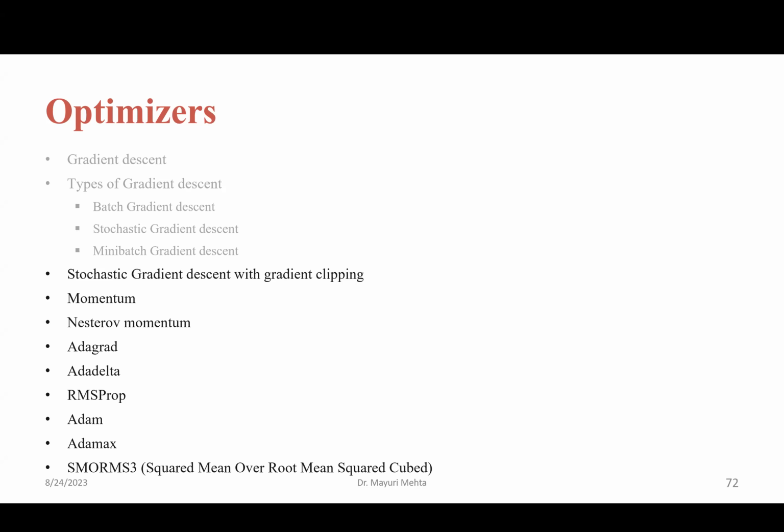AdaMax is a variant of the Adam optimization algorithm. Like Adam, AdaMax also maintains the moving average of the gradient's first and second moments. However, instead of using the second moment of the gradient as in Adam, AdaMax uses the L infinity norm of the gradient.